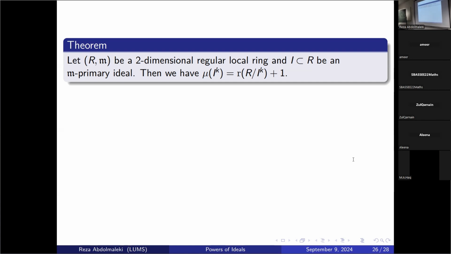And this is an important result, especially in the case of polynomial rings in two variables, that helps. Because there is a well-known irredundant irreducible decomposition of monomial ideals in two variables.